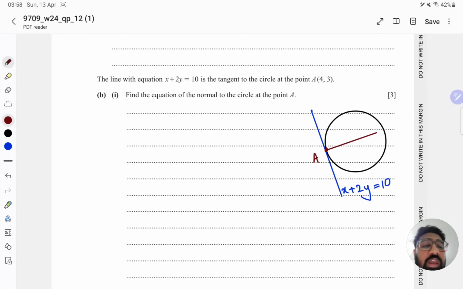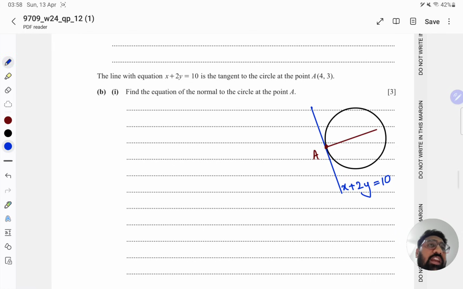So this is the equation that he is basically asking you to find out, the red line. For finding out the equation, we need the coordinates of one point, which we already have as the point A. So the only thing that we need is the gradient.